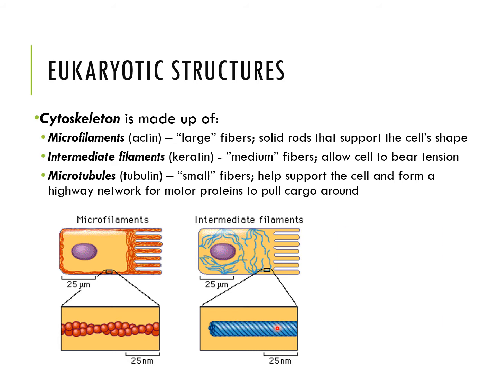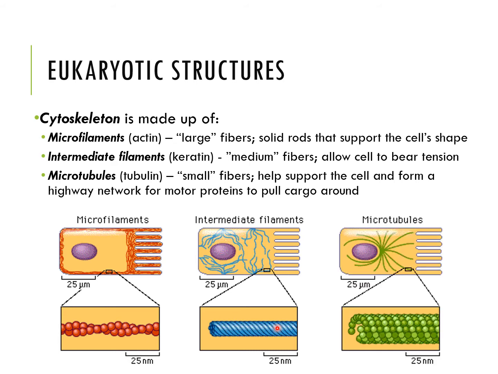Those are very small fibers which help support the cell and form a highway network for motor proteins to pull cargo around. These microtubules also help in cell division, but we'll get to that in a couple weeks. They just help pull organelles around, or anything else that needs to be pulled from one side to another.